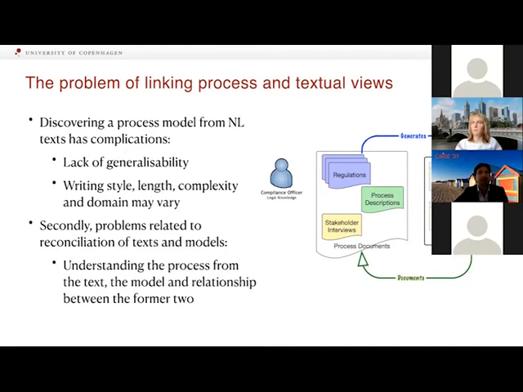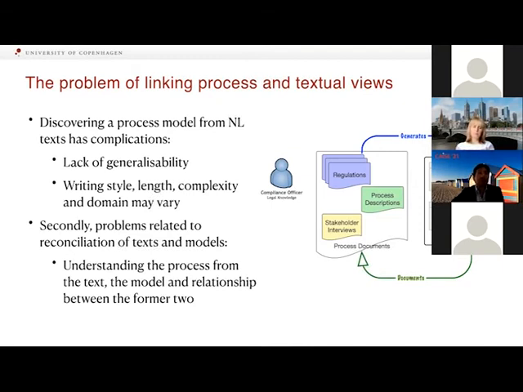You have unstructured data: standard words that people have used in a given grammatical structure that changes from domain to domain and from author to author. So building an algorithm that is generalizable and can still learn what is part of the process and what is not becomes a challenge.